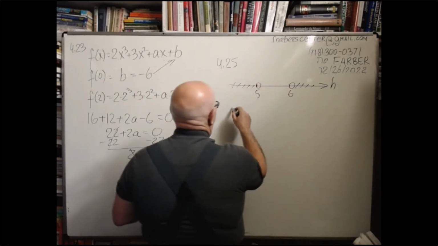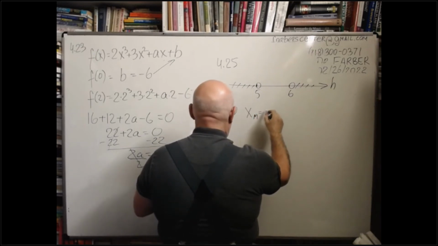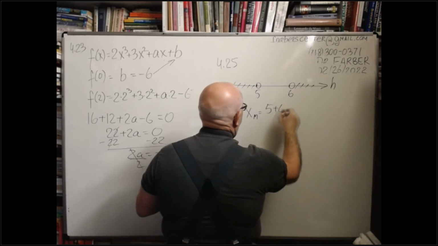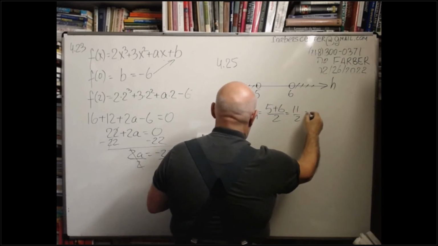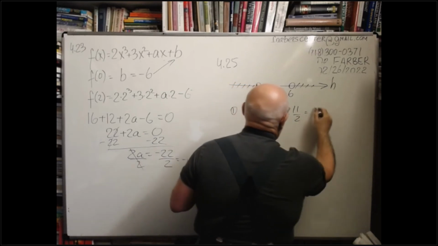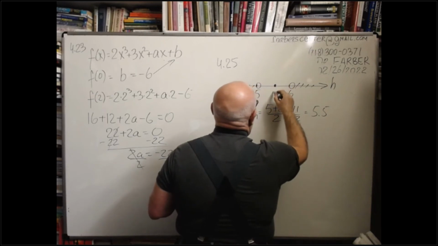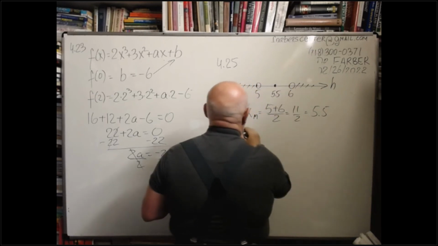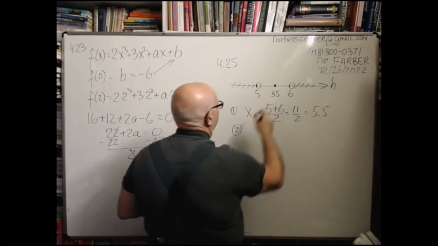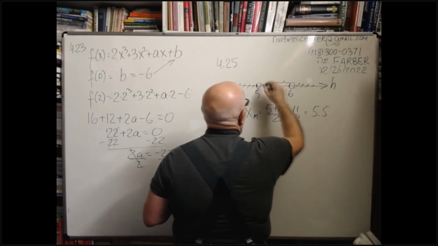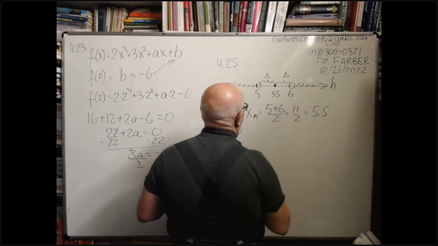Step number 1, without thinking, midpoint. X midpoint equals 5 plus 6 divided by 2, 11 over 2, which is 5.5. And this midpoint is 5.5. Step number 2, you have to find the distance to the borders, delta. Delta, this one and this one. Since it's the midpoint, this distance must be the same.